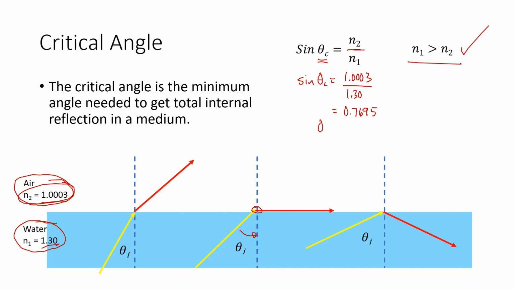And then if you just want the angle, because that's the sine of the angle, we take the arc sine, which is sine -1 on your calculator of that 0.7695. And if you type that into your calculator, you get 50.3 degrees. So this angle here to get the total internal reflection is 50.3 degrees.